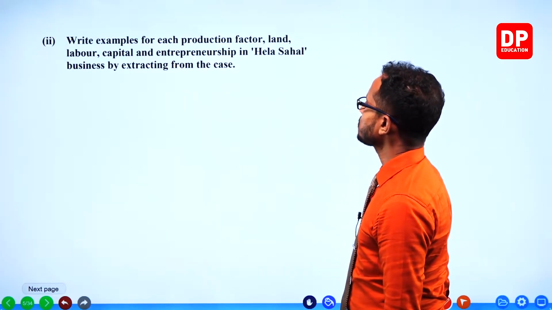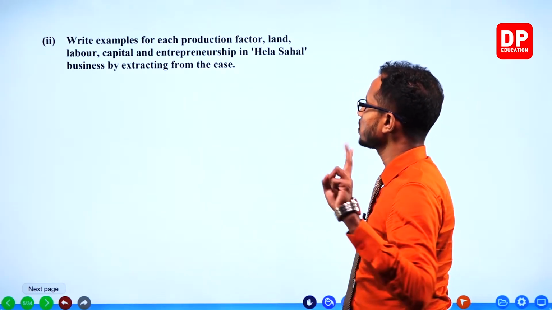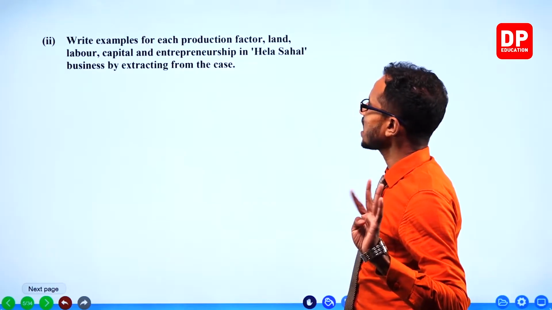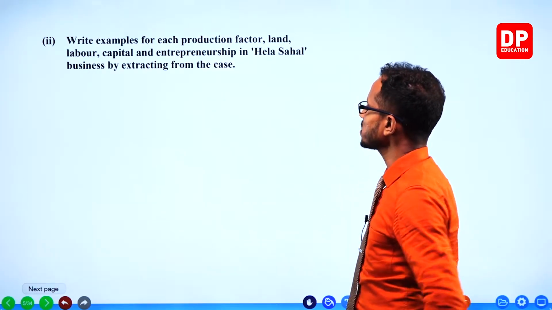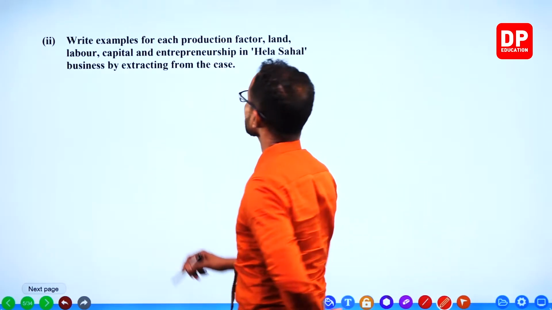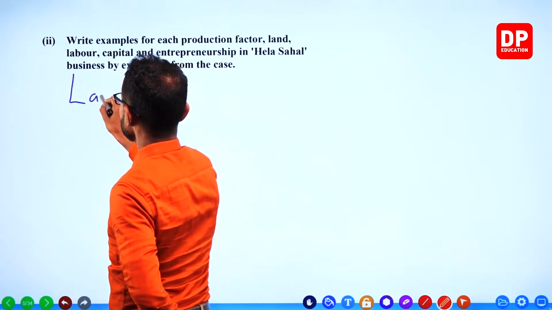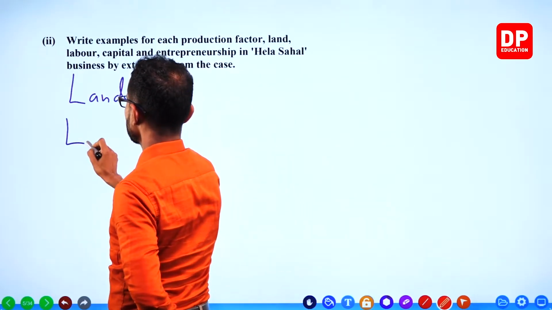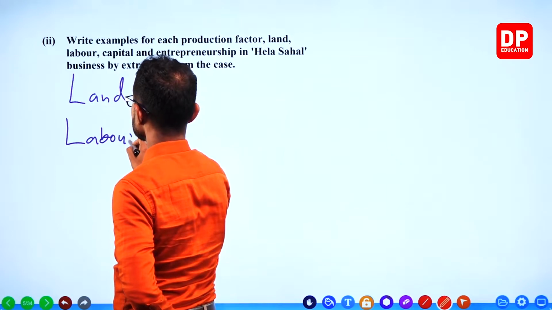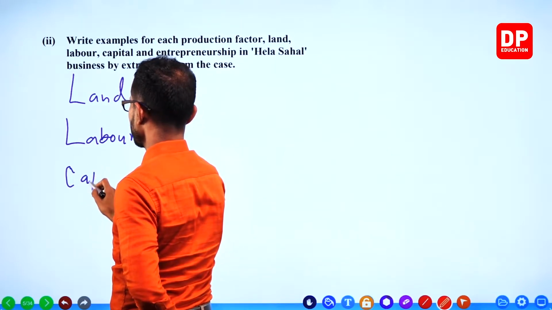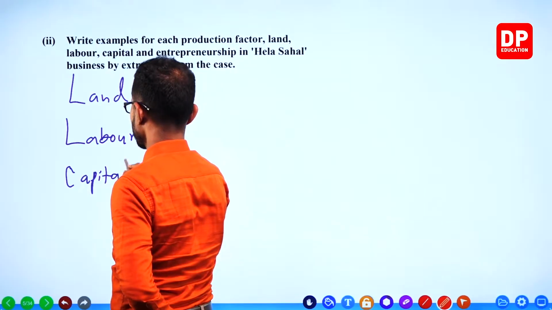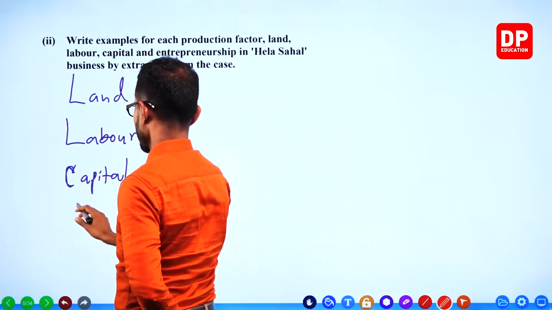Write examples for each production factor, land, labor, capital, entrepreneurship in Hela Sahal business by extracting from the case. Okay. For the production factor: land, labor, capital, enterprise.